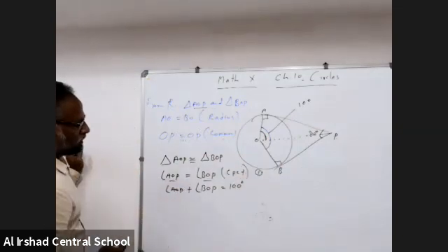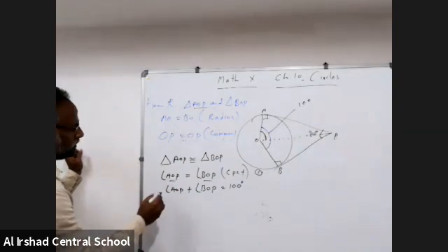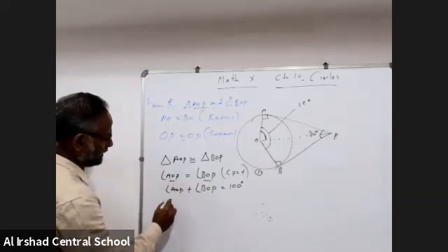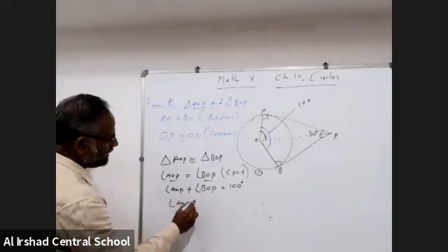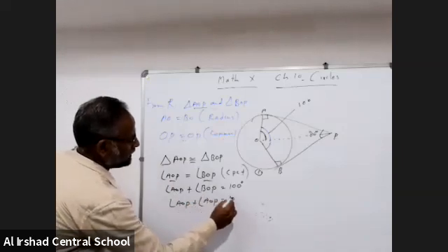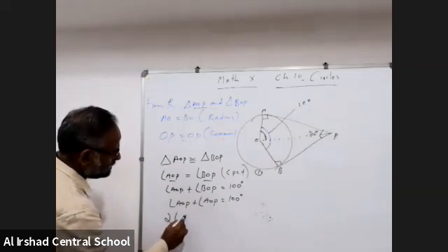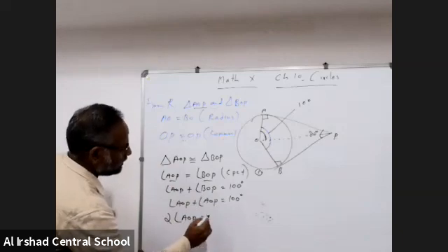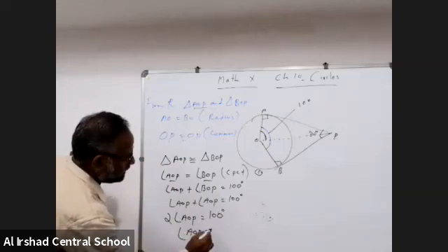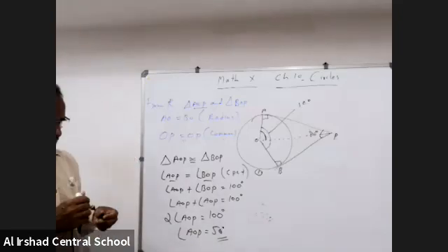AOP is equal to BOP, and the question is to find angle AOP. So AOP plus BOP, I can write AOP plus AOP, is equal to 100 degrees. So 2 times AOP is equal to 100 degrees. That means angle AOP is equal to 100 by 2, that means 50 degrees. You got the answer.